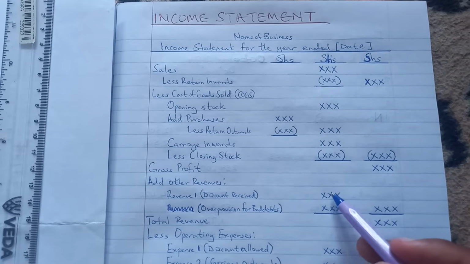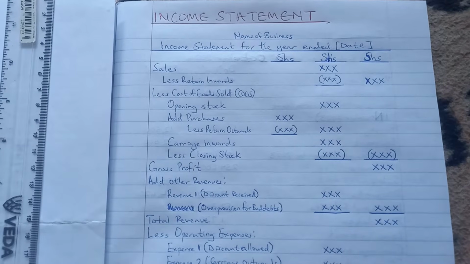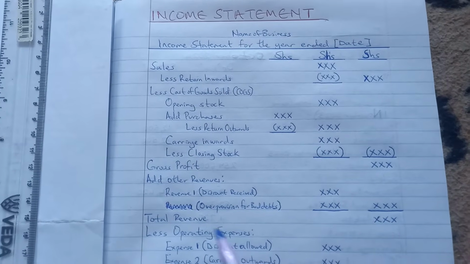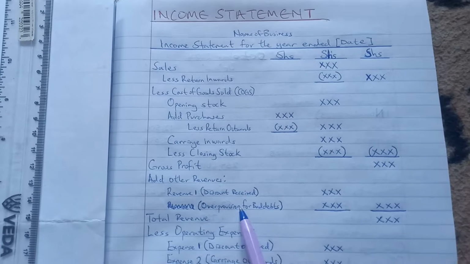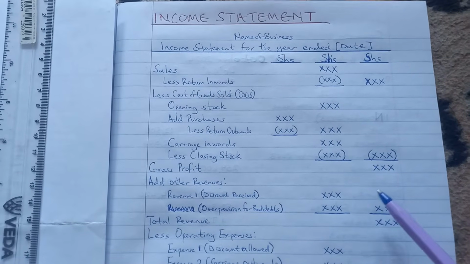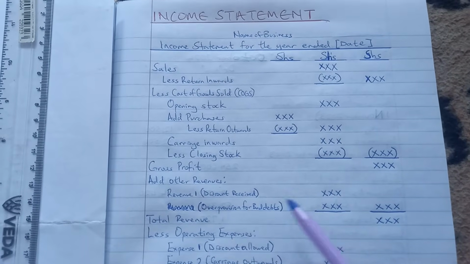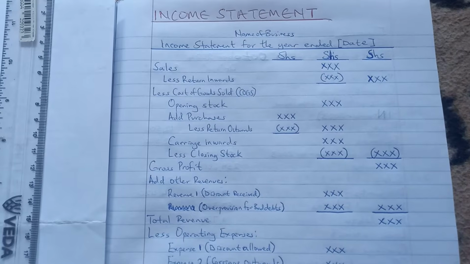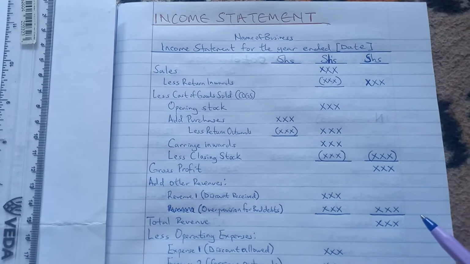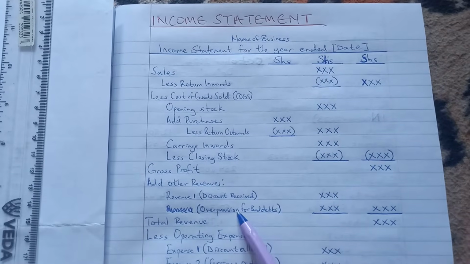If there is no other revenue, you will subtract it from the gross profit. So please take note, if there is over provision, it is counted as an addition to the revenue. If it is under provision, you less it from the business revenue. I hope this one is clear.